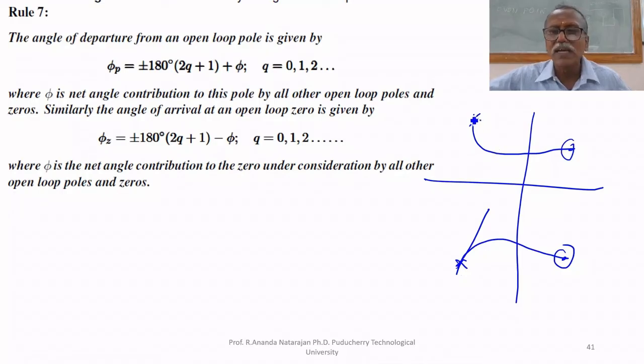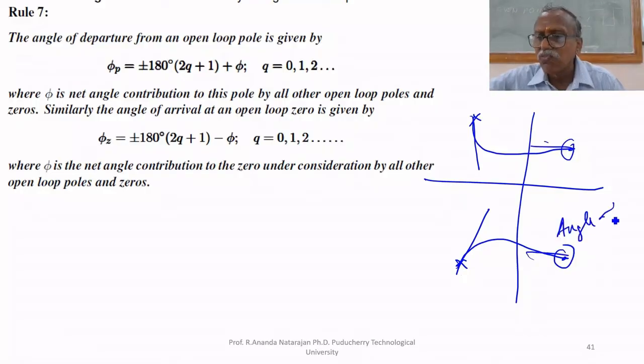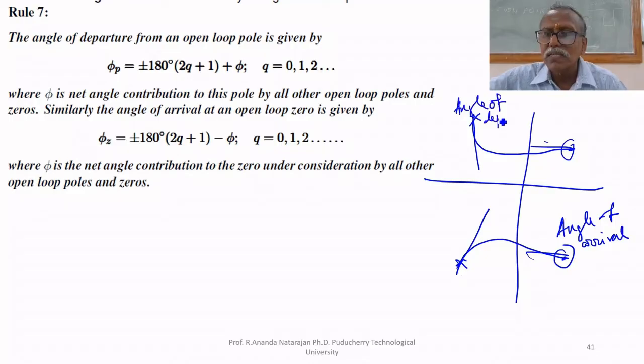At what angle does it reach the zero? This is called angle of arrival, and this is called angle of departure. We have to find both.